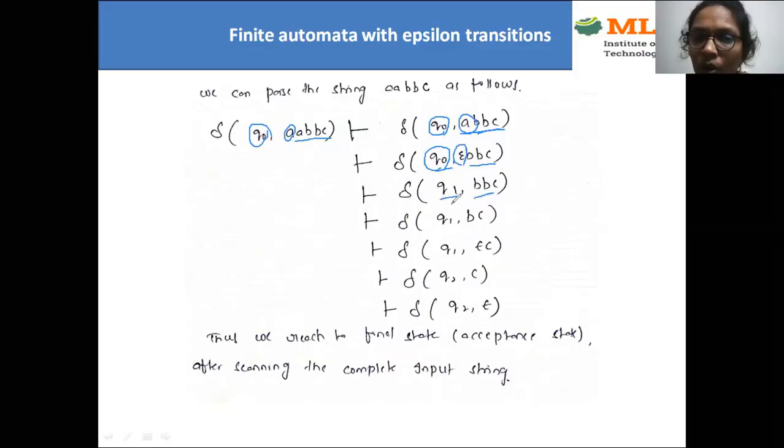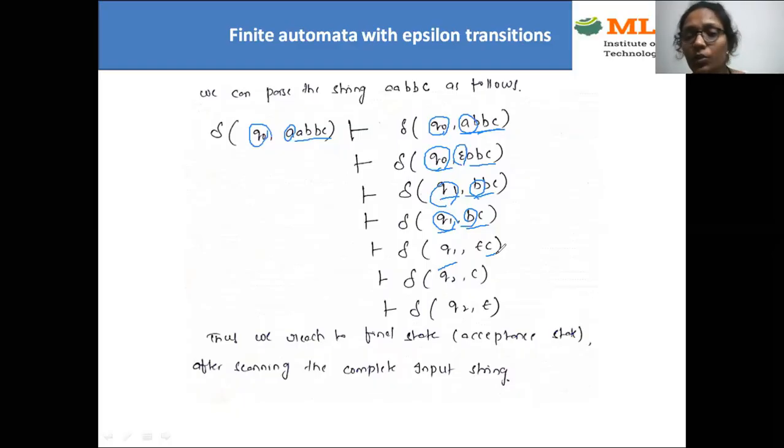Now Q0 on epsilon goes to Q1, and the remaining thing is BBC. Q1 on B goes to Q1, and the remaining is BC. Again Q1 on B goes to Q1. The remaining is only C, but the additional thing I'm taking is epsilon here, because I need to move from Q1 to Q2. So this is based on the diagram. First you need to draw the diagram, then you go for the string acceptance. We may wonder when I need to assume epsilon and when I should not.